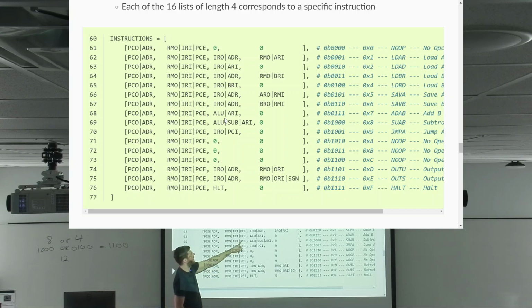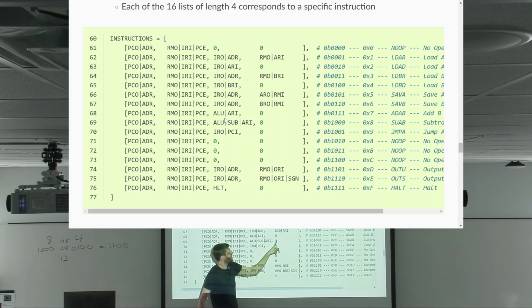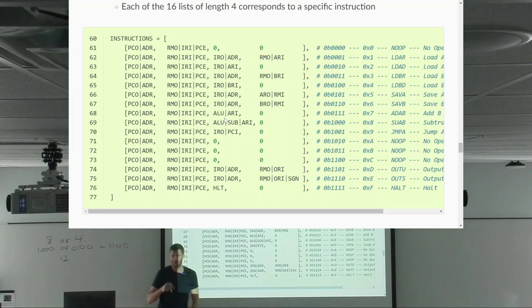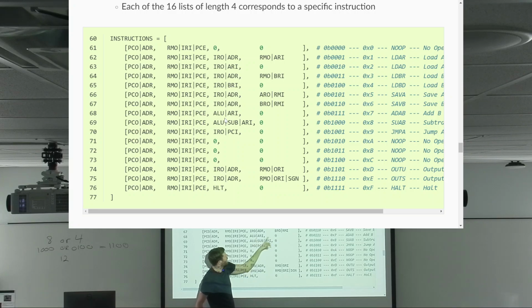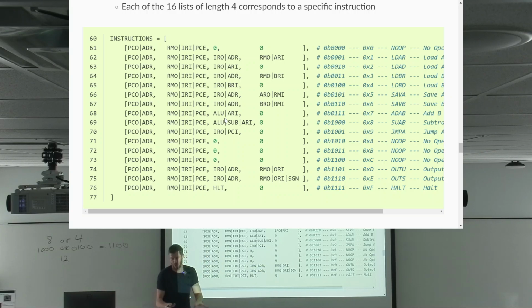I guess this part would be instruction register out, address in, then ALU out, RAM in. That's how we would change what that instruction is. Let me say that again. I kind of stumbled and I may have messed you up.